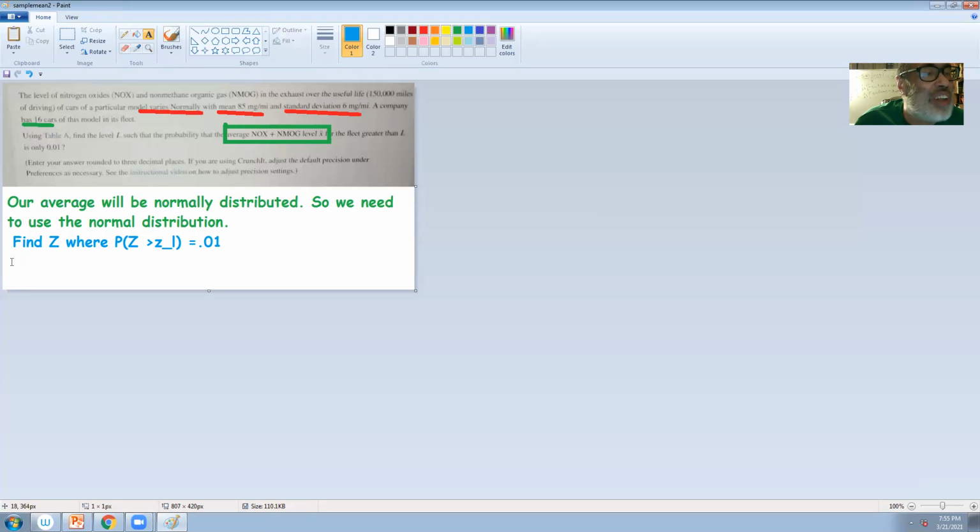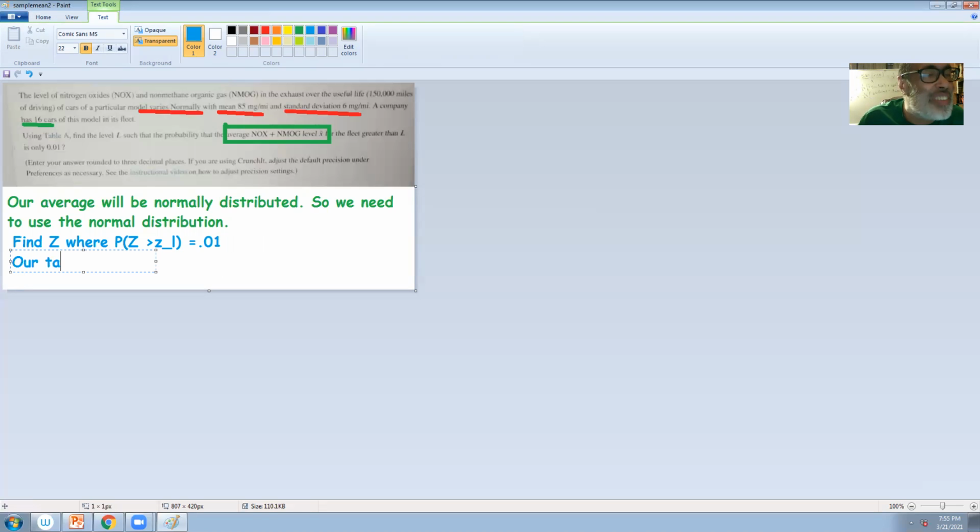Now the thing is, our tables have the probabilities listed as follows.